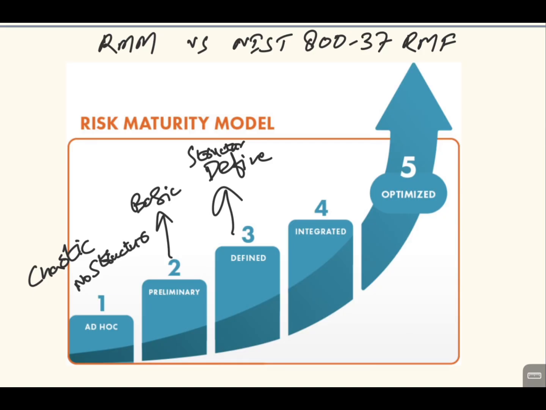In the integrated stage, it is proactive and aligned with business goals. RMF is fully integrated into business processes. Risk assessment, monitoring, and security controls are routinely measured and improved. Now the last stage is optimized. Optimized is advanced, with continuous improvement.